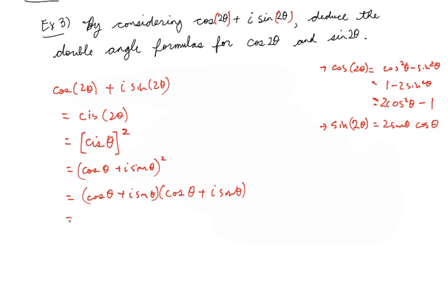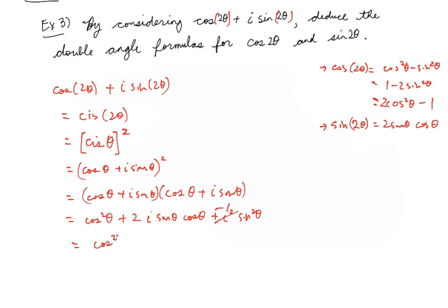Okay, and if I do this, then I'd get cosine squared theta plus 2i sine theta cos theta, plus i squared sine squared theta. Okay, well, what's this? That's just negative 1, right? That's negative 1.